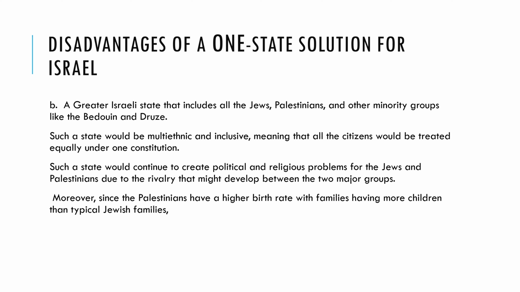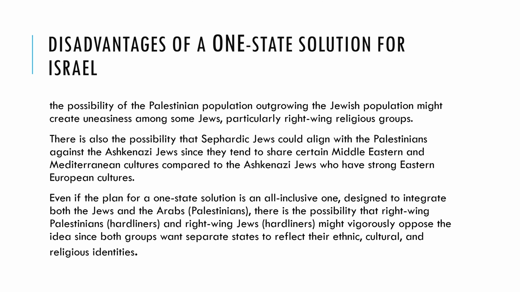Moreover, since the Palestinians have a higher birth rate, with families having more children than typical Jewish families, the possibility of the Palestinian population outgrowing the Jewish population might create uneasiness among some Jews, particularly right-wing religious groups.